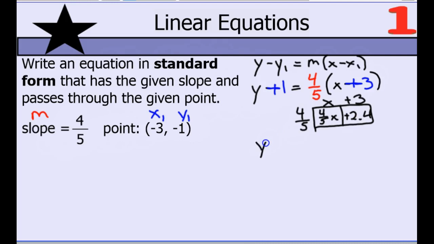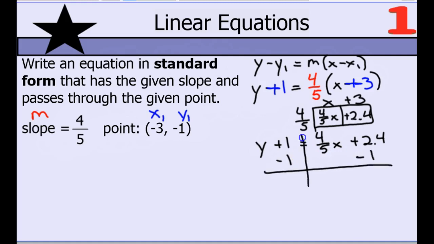So then what we have is y plus 1 equals 4/5 x plus 2.4. Now we need to get y by itself, so we need to subtract 1. So then what we have left is y equals 4/5 x minus 1.4.